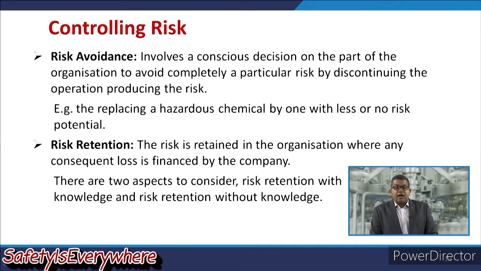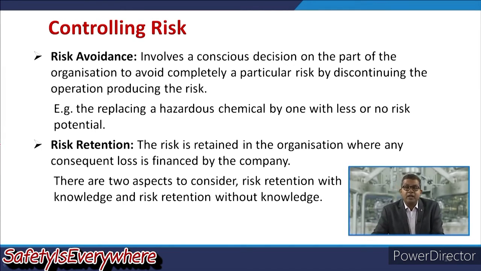Then the question arises: how to control the risk? One aspect is risk avoidance. This involves a conscious decision on the part of the organization to avoid a particular risk completely by discontinuing the operation producing the risk. That means you are having substitution, or you are in a position to compromise on a certain aspect.